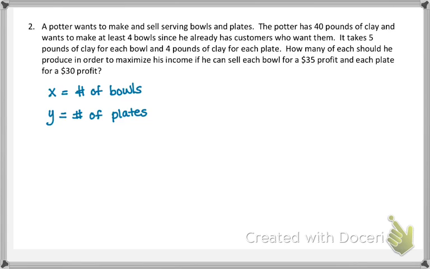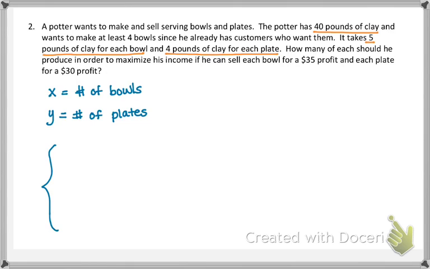Okay, so then let's look at our restrictions, our constraints. It looks like one constraint is that we only have 40 pounds of clay, and it takes 5 pounds of clay to make one bowl and 4 pounds of clay to make one plate.